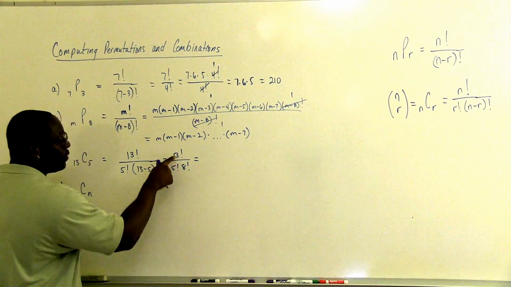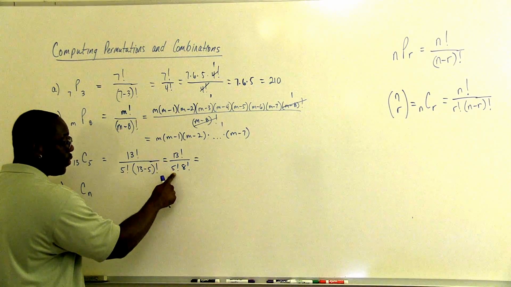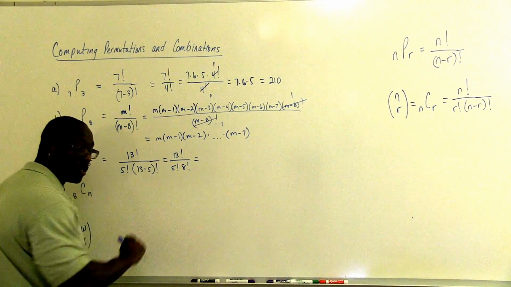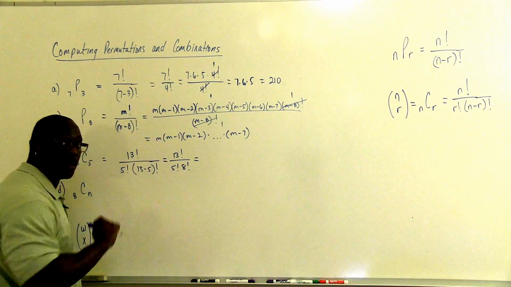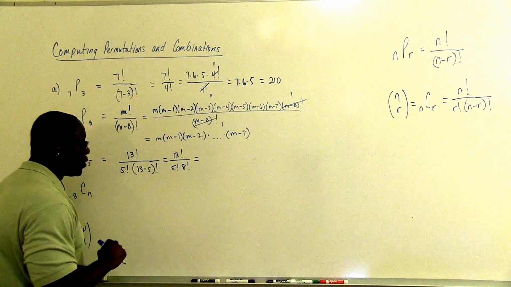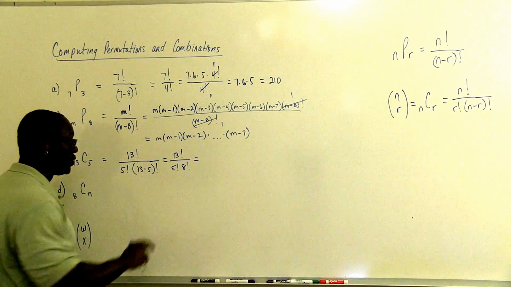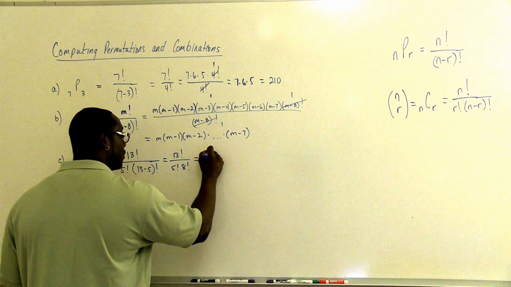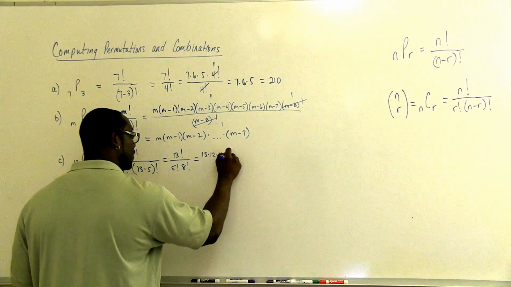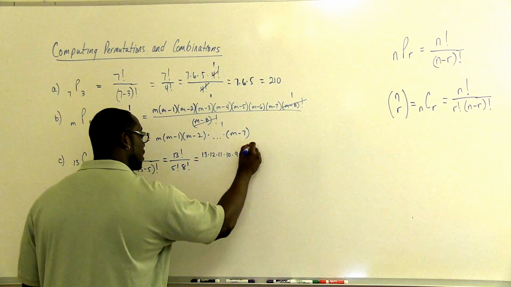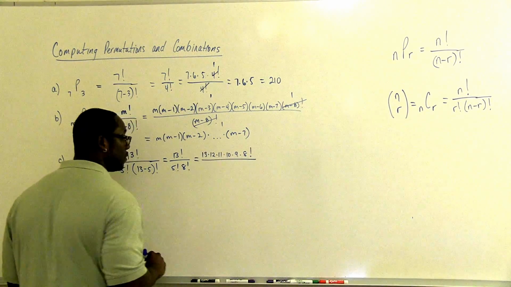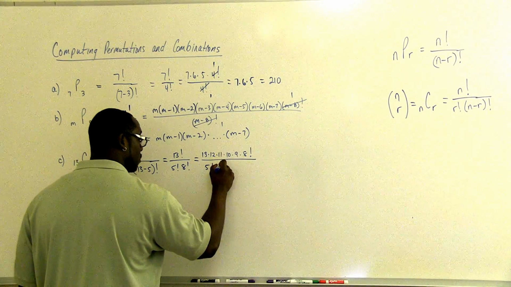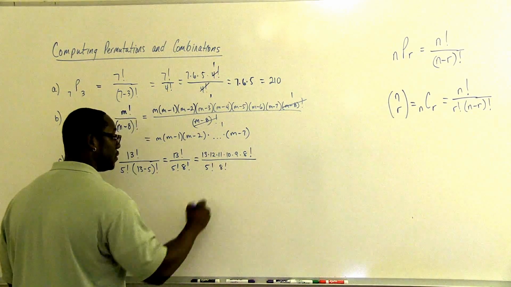Here we see that 13 factorial is more than 5 factorial and 8 factorial, but the bigger one in the denominator is 8. So we want to write down 13 factorial until we get to 8 factorial so that we can reduce that to 1. So we have 13 times 12 times 11 times 10 times 9 times 8 factorial, all divided by 5 factorial times 8 factorial.